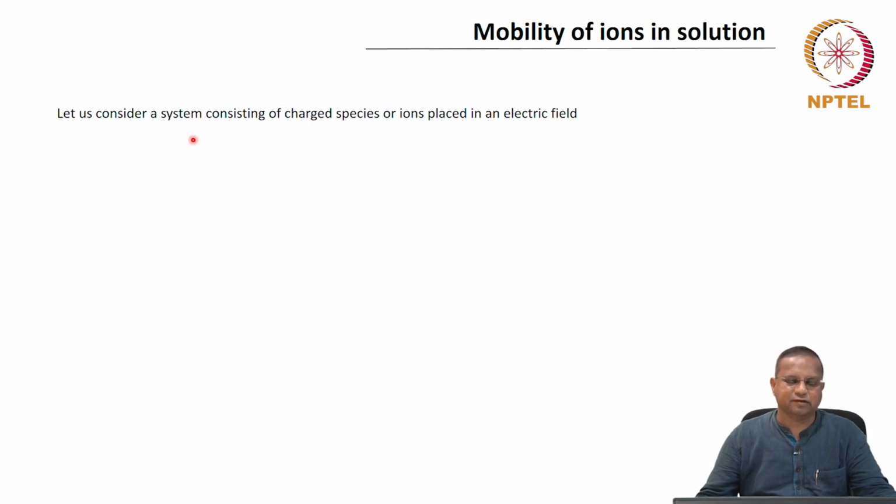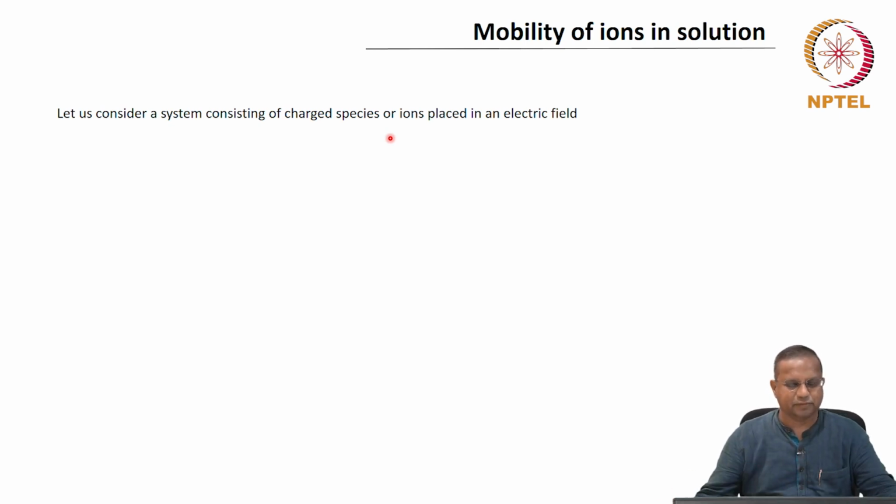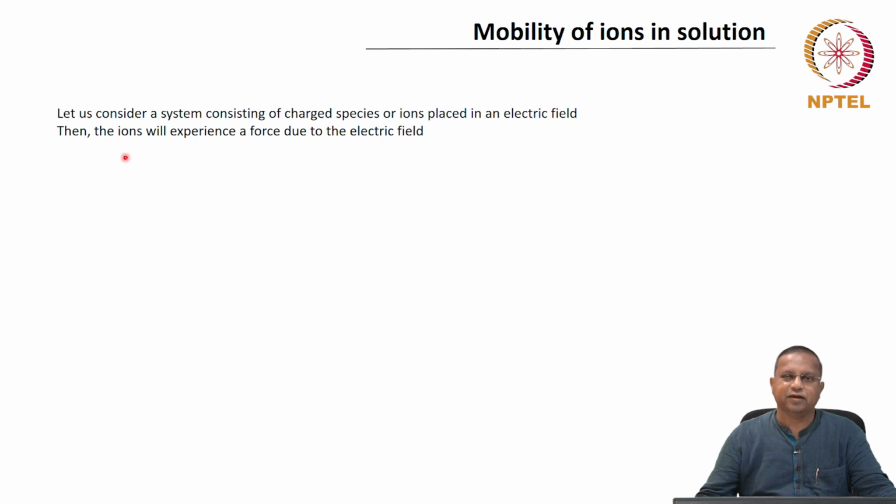Let us consider a system consisting of charged species or ions, and we are going to place that in an electric field. Then the ions will experience a force due to the electric field. We have already seen in one of the previous chapters, electric charge flux, how this could happen, the disruption of the cloud and so on. You can go back and verify that.